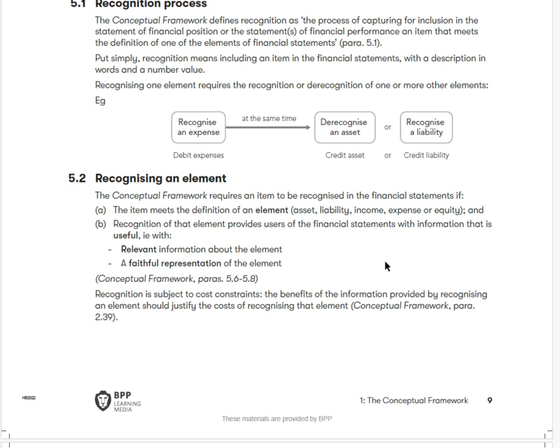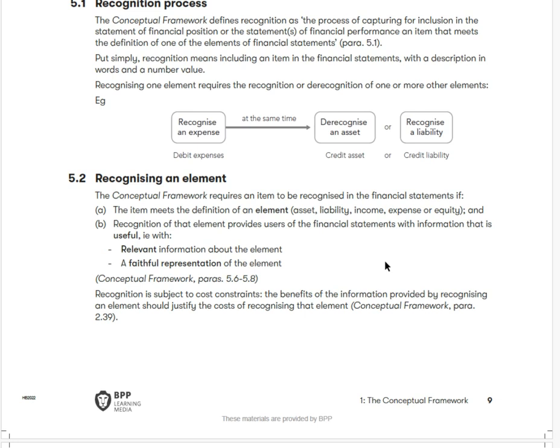And recognition of the element provides users of the financial statement with relevant information about the element, and a faithful representation of the element. This is the conceptual framework requirement for recognizing an element. It has to meet the definition of conceptual framework and it should be relevant and faithfully represented for the users of the financial statement.